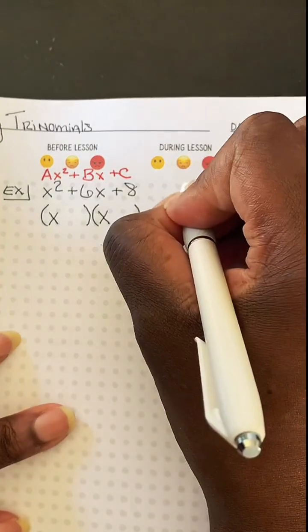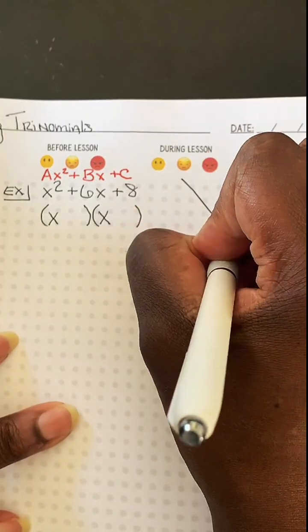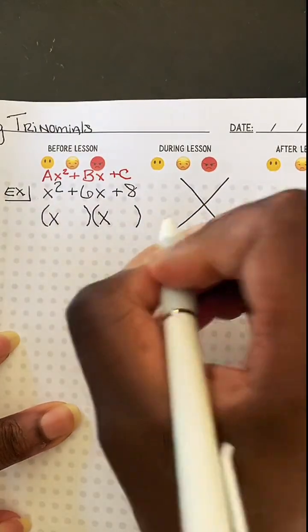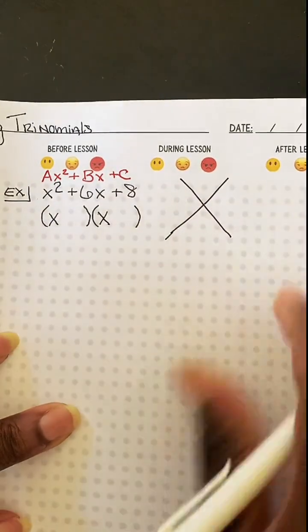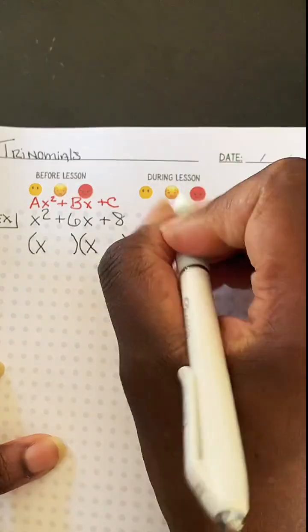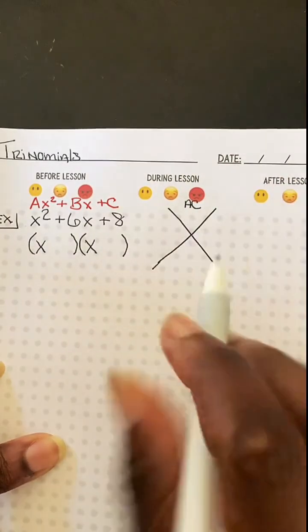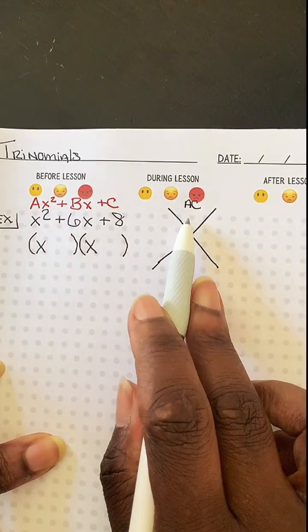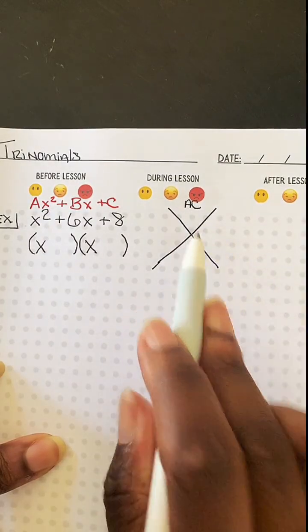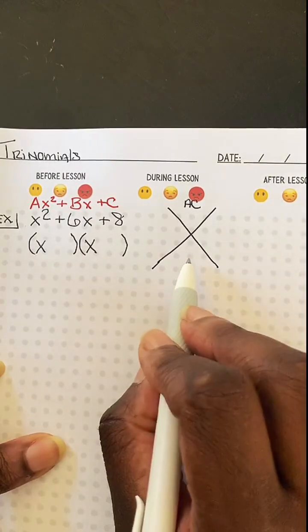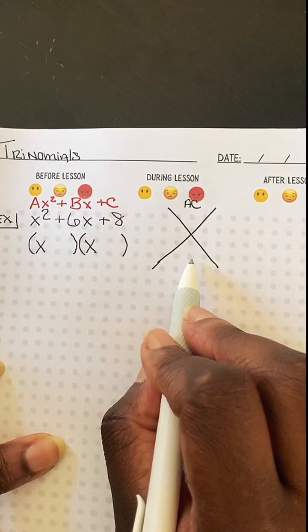Now, I like to draw a cross. Some people draw a T, I just like to draw a cross. Within this cross, I'm going to put my answer after I multiply my A and my C. That's going to go in this spot. And I'm going to rewrite my B, and that's going in this spot.